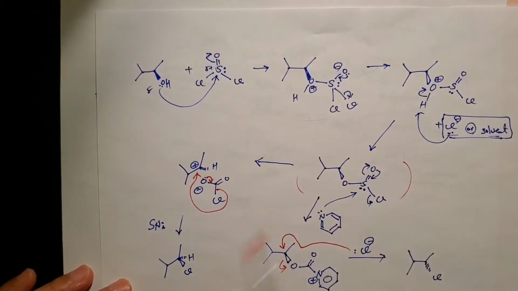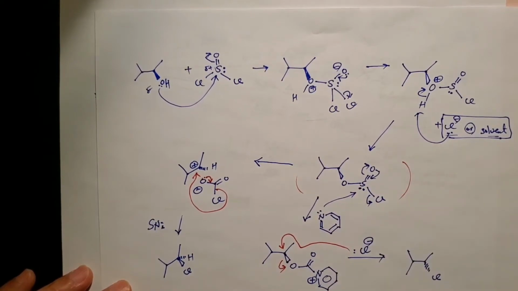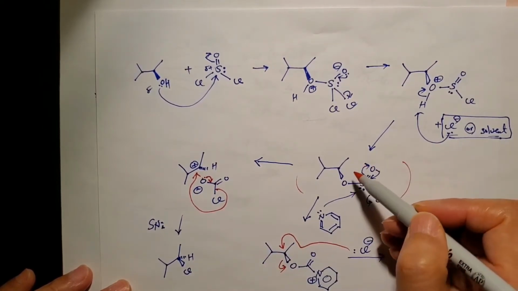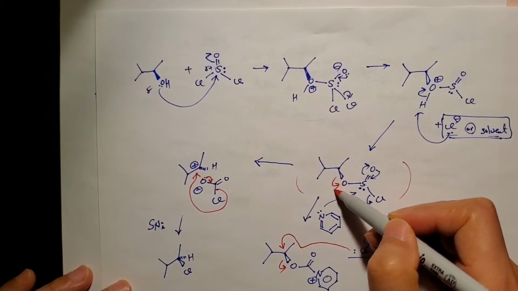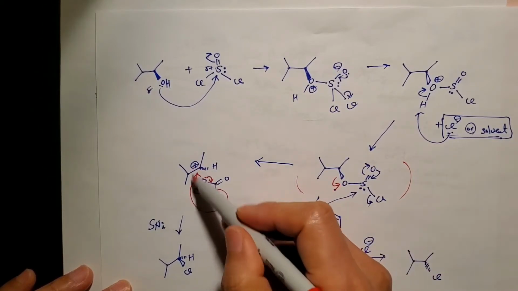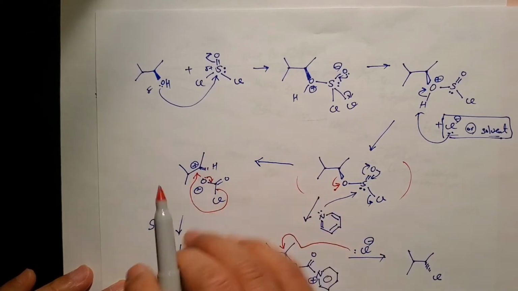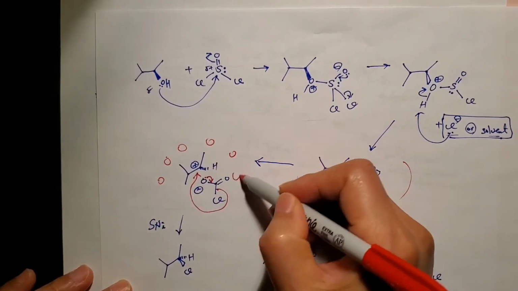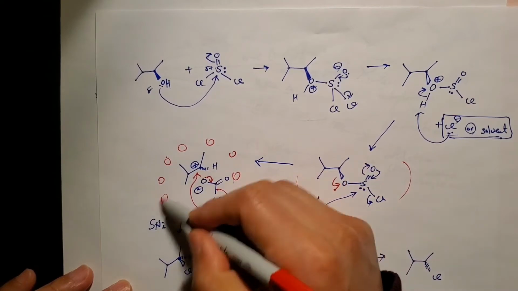Then it could take two different paths, depending on the condition. If you don't use a solvent like pyridine or some other ether solvent, you could have self-dissociation here, and you make the ion pair, and they don't diffuse away because they're in the solvent cage.